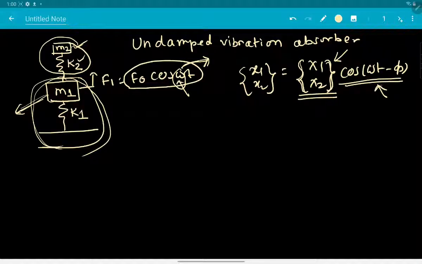So the amplitude vector multiplied by this time dependence will give you the steady state part of the displacement. We are only talking about the steady state part of the displacement.